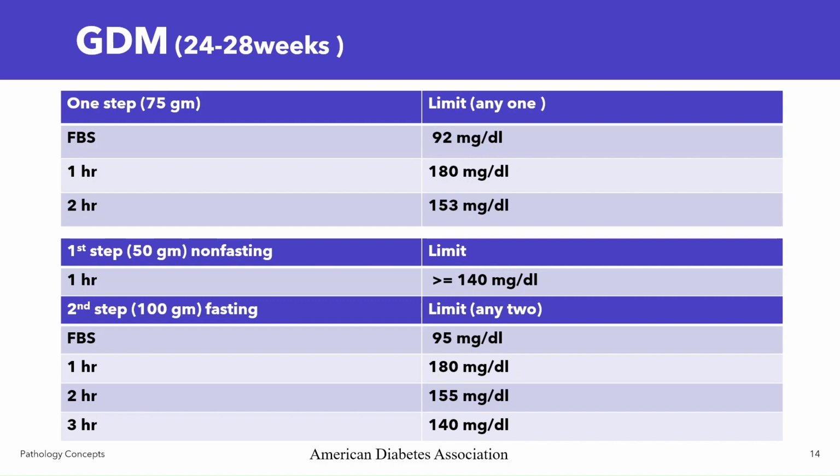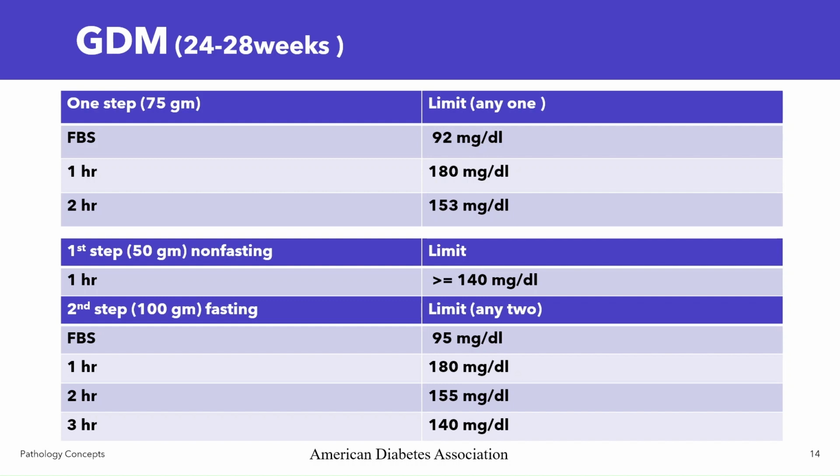Another test is the two-step test. In the first step, the glucose is measured during the non-fasting condition, and after giving 50 gram of glucose, the 1 hour blood glucose level is checked. If it is more than 140 mg per dl, then the first step is positive and the second step is recommended.